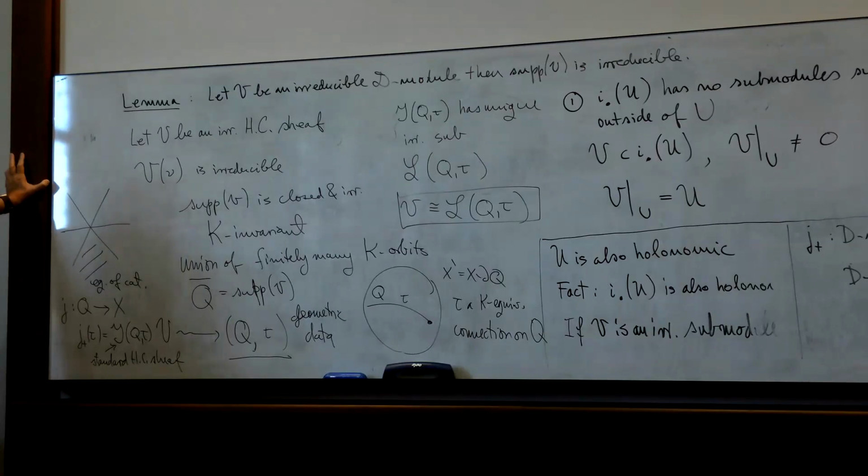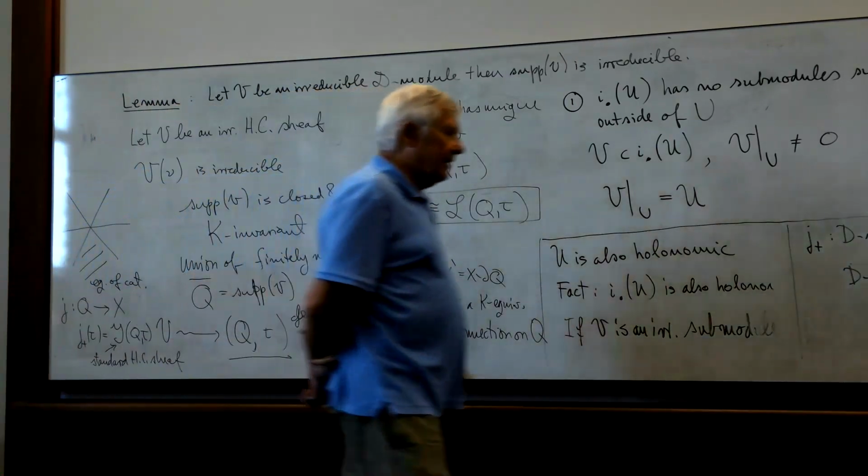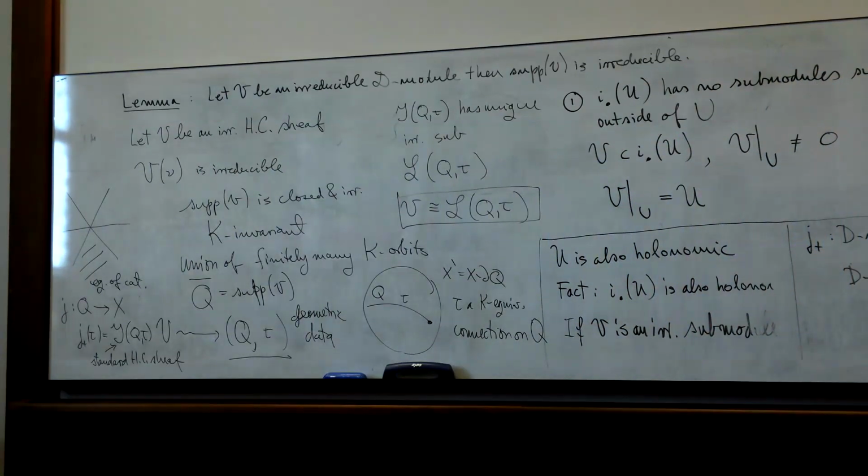So this tells us that for a given infinitesimal character, by equivalence of categories, there are finitely many irreducible Harish-Chandra modules.